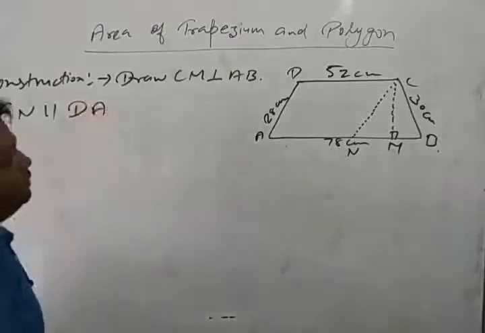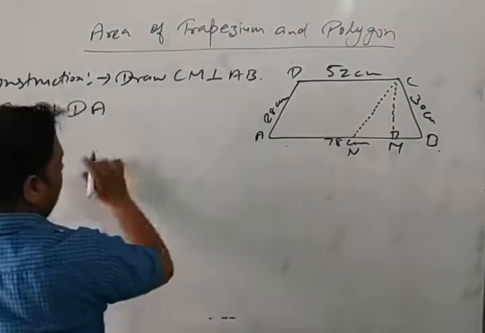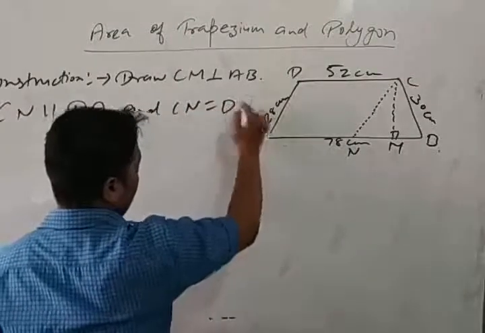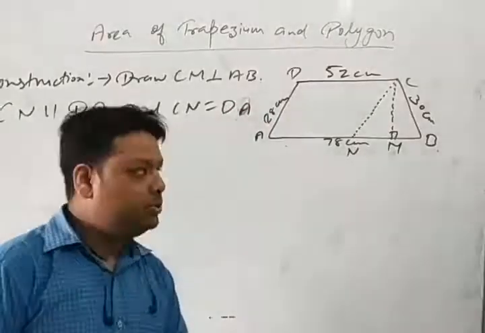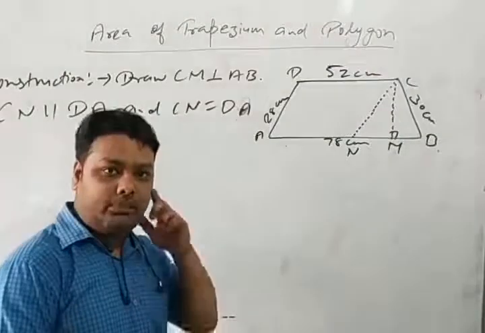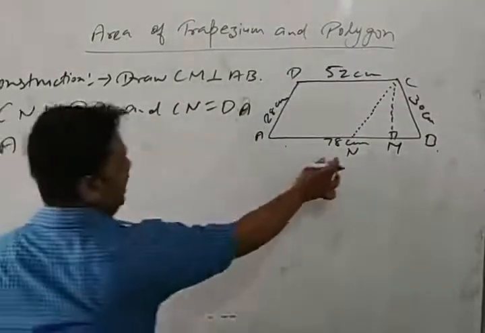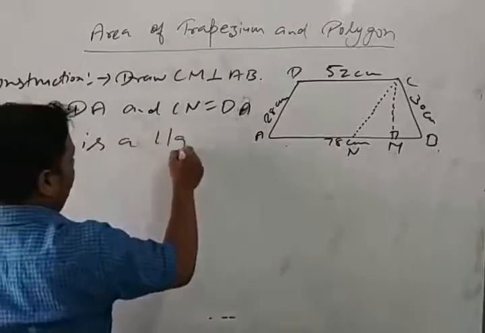If CN is parallel to DA, then CN is also equal to DA. In those cases, if two sides are parallel and two sides are equal, then it is a parallelogram. So we can say that ANCD is a parallelogram.